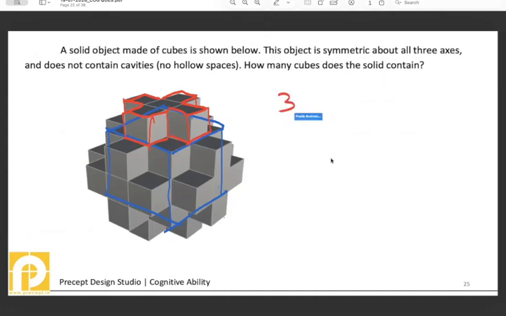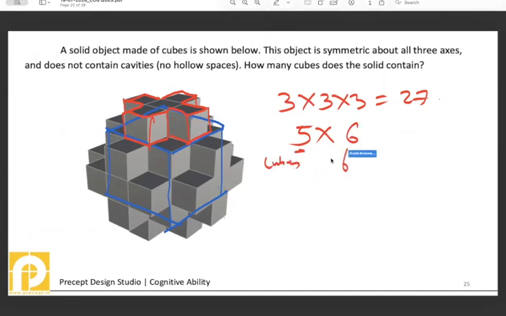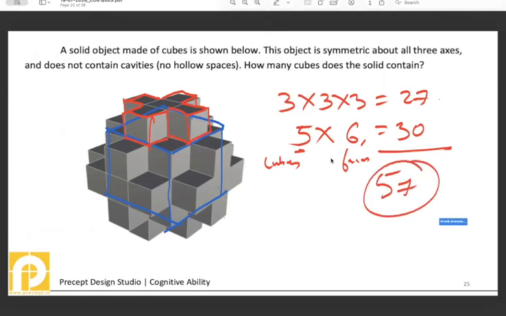So a 3 by 3 by 3 cube will have 27 cubes, and it has 6 faces. These are 5 cubes, and this is a face. So 6 faces and 5 cubes on each face, that adds up to a total of 30 cubes, making a total of 57 cubes in this figure.